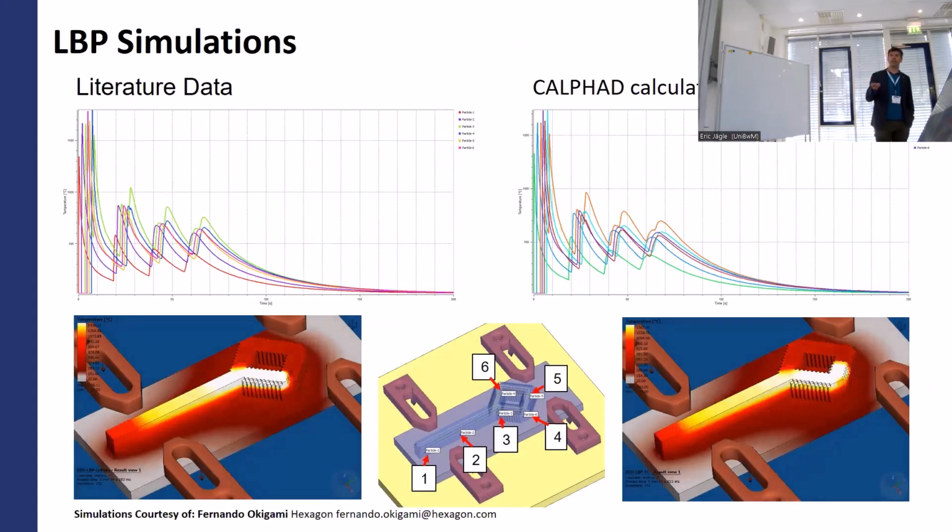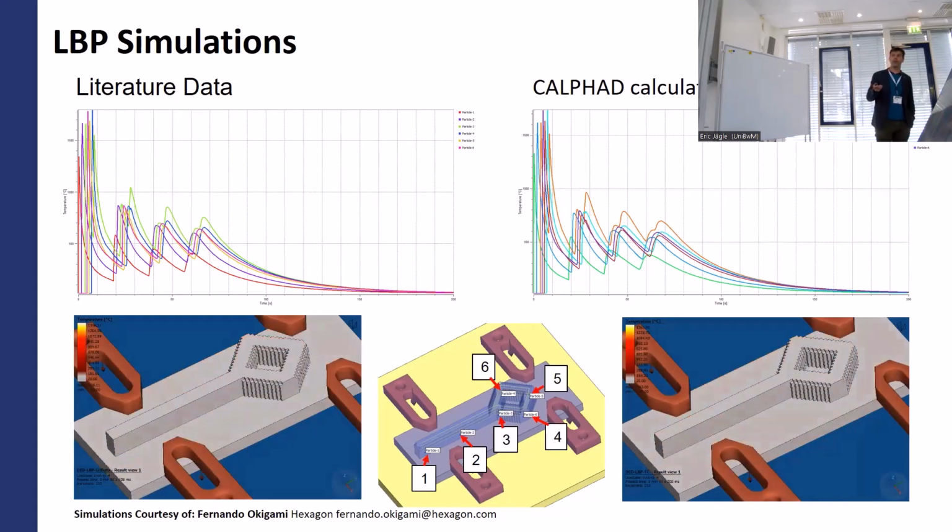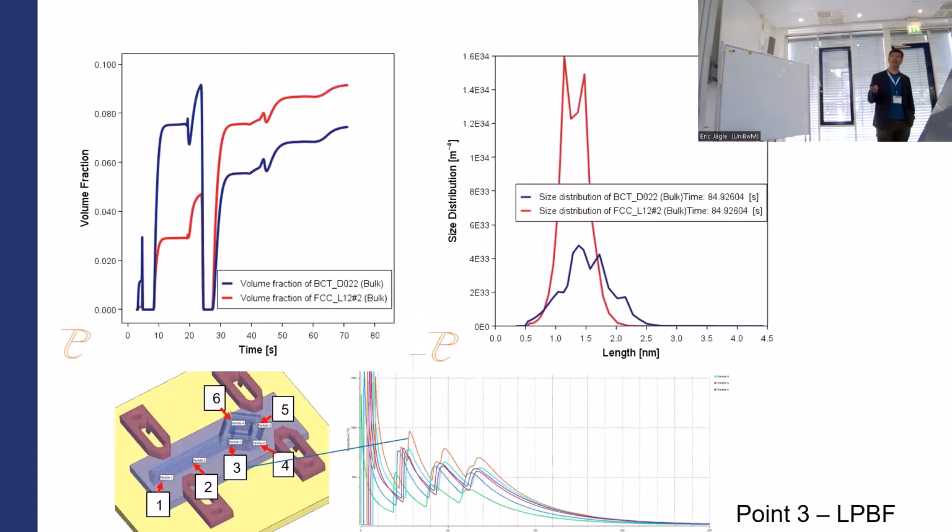So if you do the FEM model, you get this temperature as a function of time, and then you can use that temperature as input to precipitation calculations, and then finally get mechanical properties. So these are the sort of things that are going on, and these are the things you can do with Thermo-Calc plus the models we have for additive manufacturing.